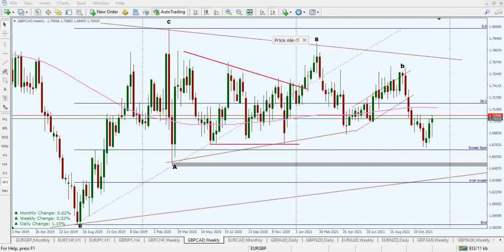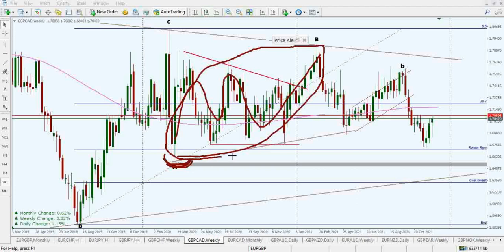However, previously we also had support way back here. At this point, price then moved up, and from this whole point price fell here, creating the next drop.